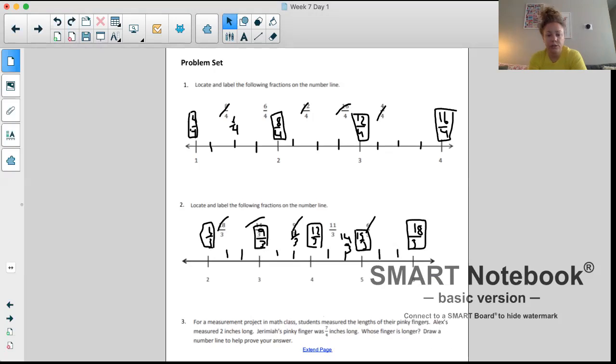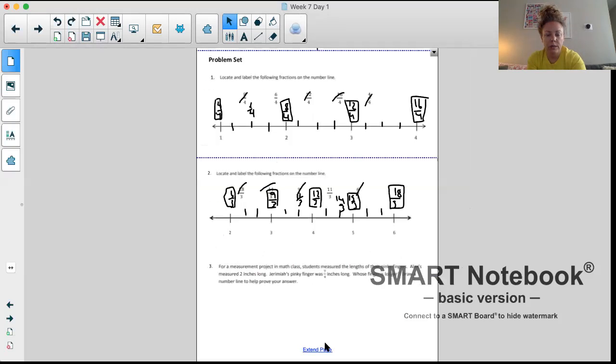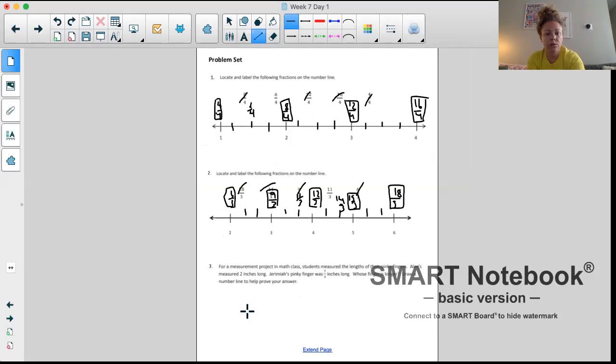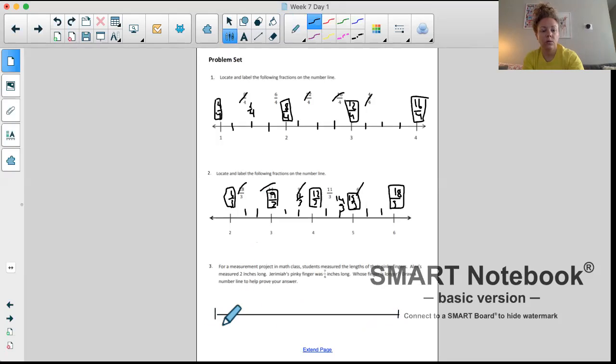Okay, so the first thing we need to do is start with a number line, right? So let me give myself some more room here, and I'm going to get a number line. Seems like we could do 1 whole, 1 inch as this end point and 2 inches as this end point.